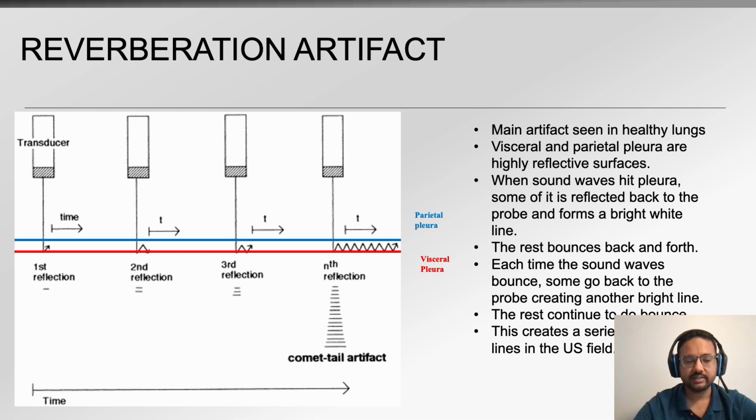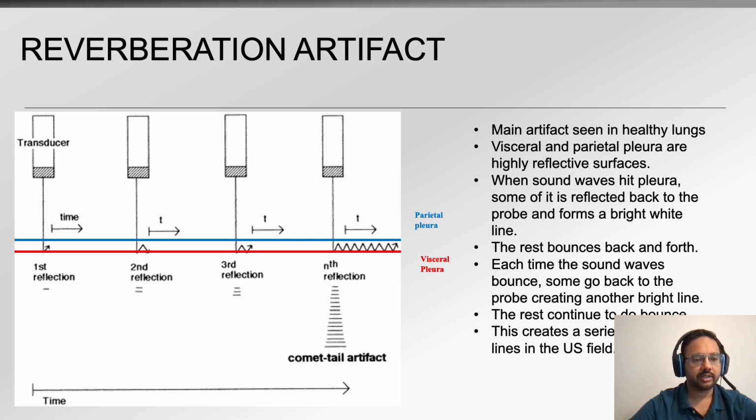What that means is almost everything that hits these structures reflects back. So as the sound waves come back to the visceral pleura, it reflects back. However, because parietal pleura is also a strong reflector, some of it bounces from the parietal pleura towards the visceral pleura.